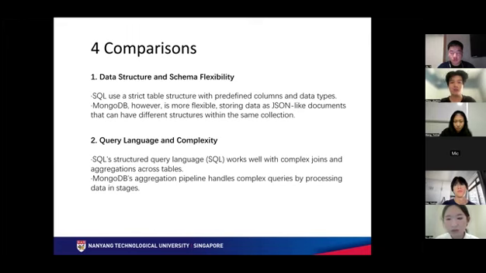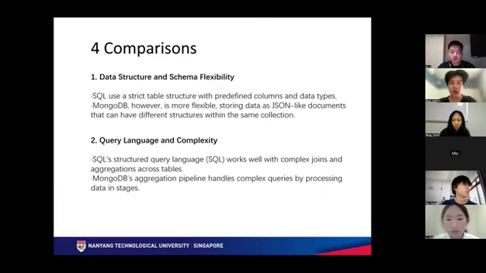And second is query language and complexity. SQL, structured query language, works well with complex joins and aggregations across tables. In question 12, SQL uses join and group by to analyze customer complaints, making it powerful when data relations are clear.